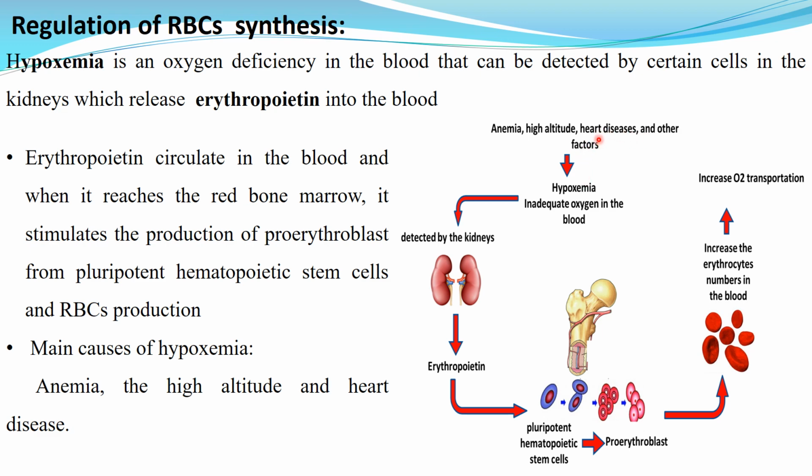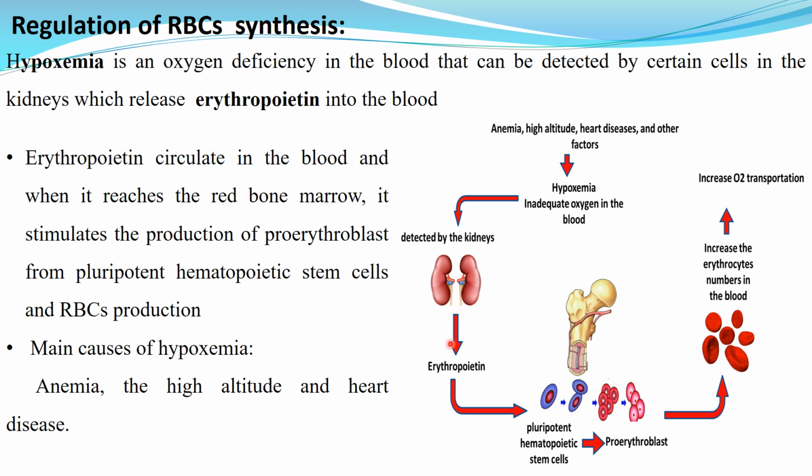And this leads to what? Leads to a condition which is called hypoxemia, which is a deficiency in the level of oxygen in the circulatory system. And this change can be detected by what? By some specific cells within the kidneys, and they release what? They release a specific factor which is called erythropoietin.